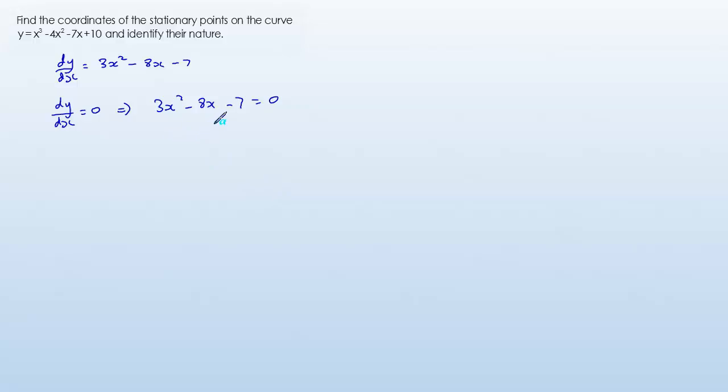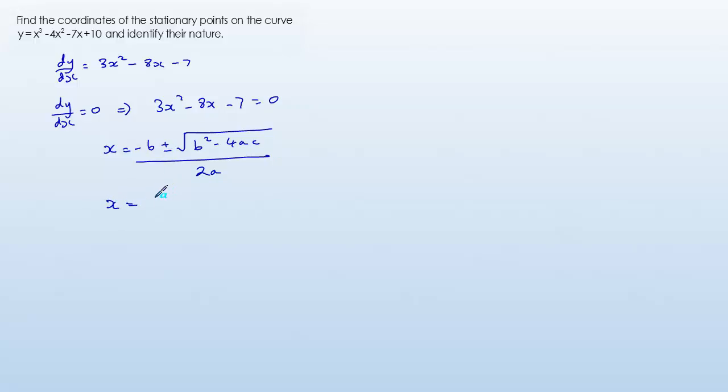It doesn't look like it's an easy one to solve straight off, so I'm going to use the quadratic formula. So x is going to be minus b plus or minus the square root of b squared minus 4ac, all divided by 2a.